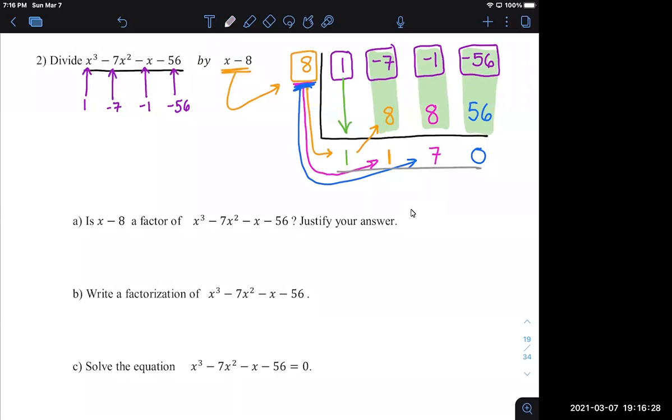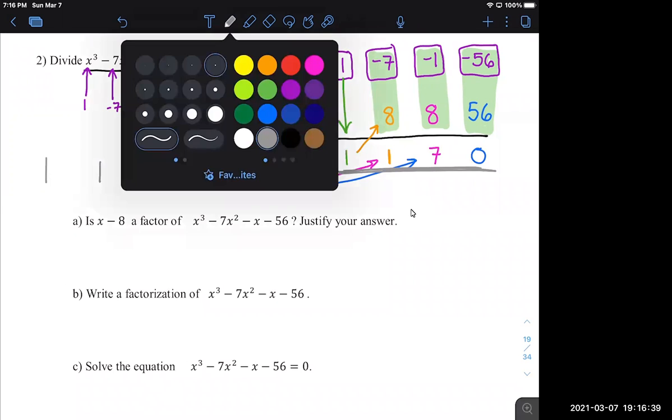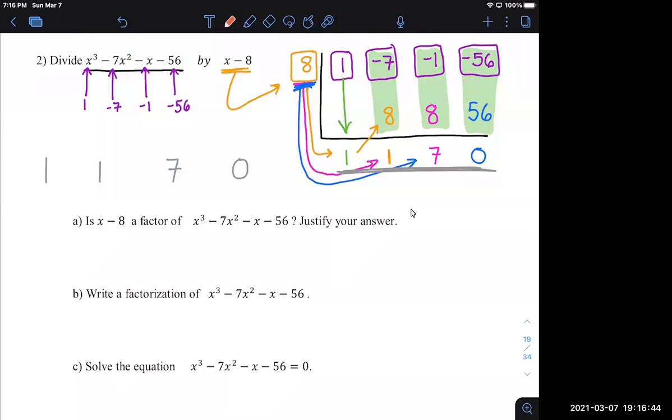So just like last week, we take these numbers that are at the bottom. So we have 1, 1, 7, 0. The polynomial that we were dividing, x cubed, has a degree of 3. So we need to do 1 less than that. So that would be x squared. And then you keep counting down. After 2, we have a 1, and after 1, we have a 0.